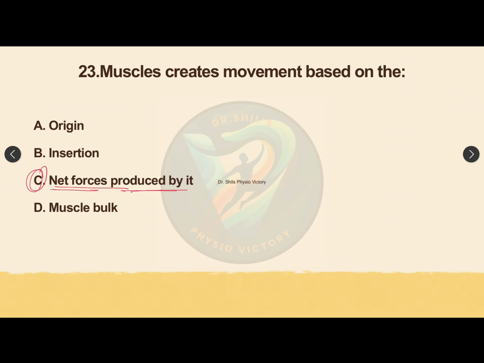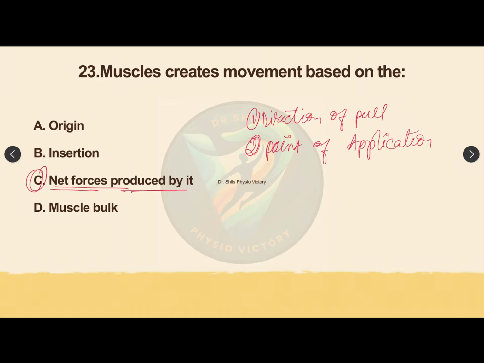A muscle effect depends on direction of pull, point of application, and the magnitude. Movement basically occurs due to resultant force.